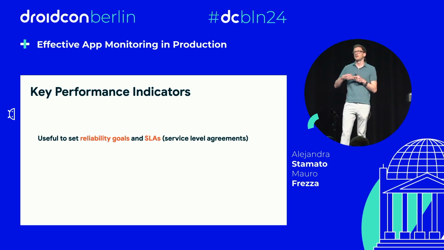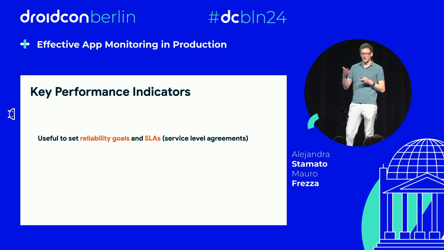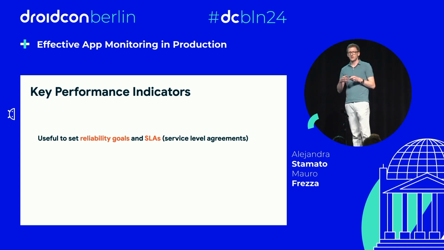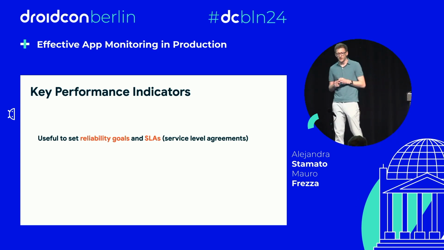And if you are exposing APIs to other teams, it can be useful to have an SLA, a service level agreement threshold. So you can say, we guarantee that we will give you 99% availability on this functionality. So you are able to provide APIs in a reliable way.